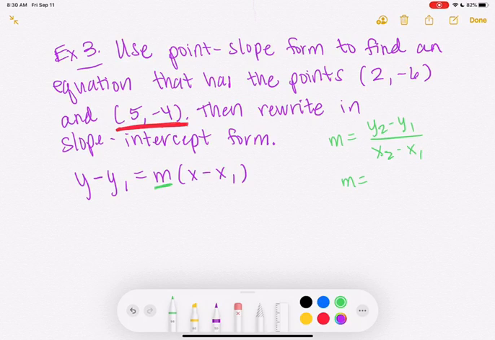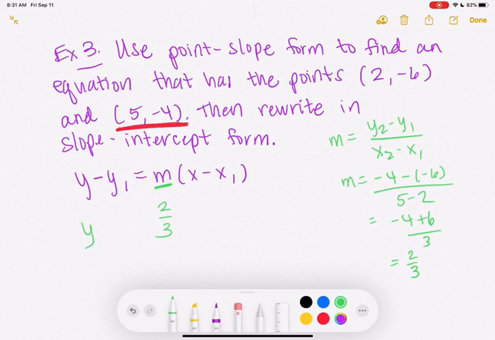Okay, so the slope: y2 minus y1, so I'm going to have a -4 minus, that's a -6, over a 5 minus 2. So I get -4 plus 6 over 3. So I'm getting 2/3. So I'm going to write 2/3 in for my slope.